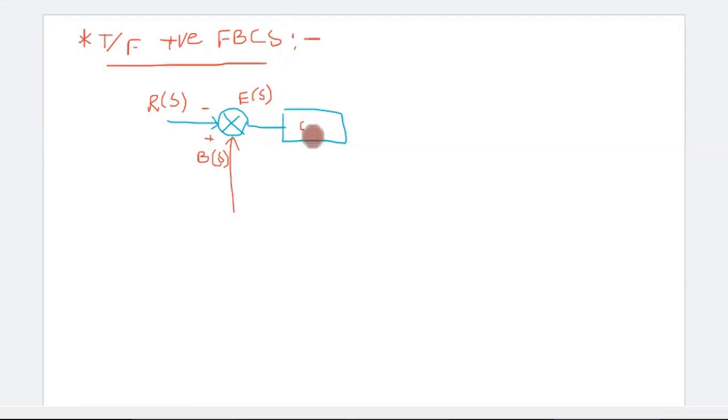And again this is the E of s, and this is the gain, that is G of s, and this is the output, that is C of s, and we take some amount of output which is fed back to the input, and this is the H of s.